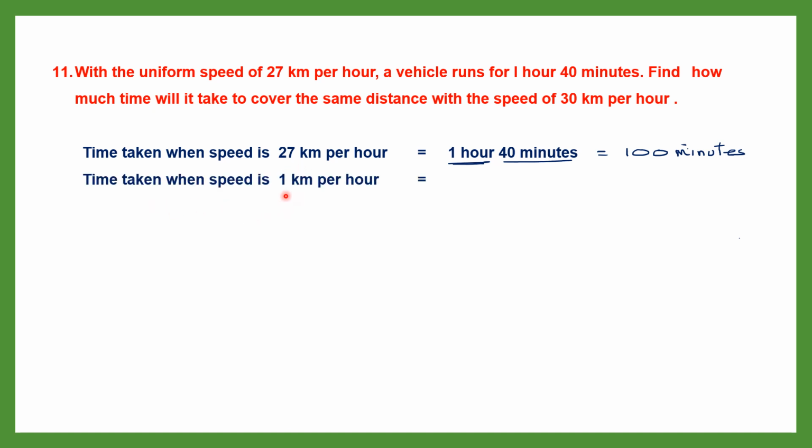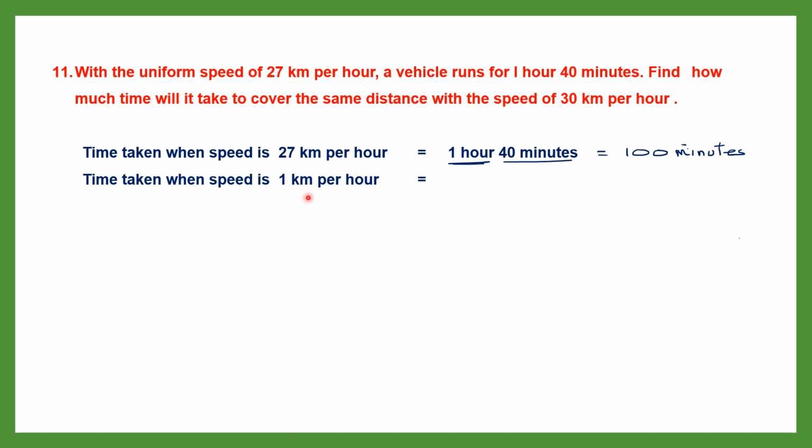Time taken when speed is 1 kilometer per hour. At 27 kilometers per hour it's going at a good constant speed. But 1 kilometer per hour is very slow, isn't it? That means we're going to take more time. For 27 kilometers per hour we took 100 minutes. For 1 kilometer per hour, we're going to take a lot of time because it's going very slowly.